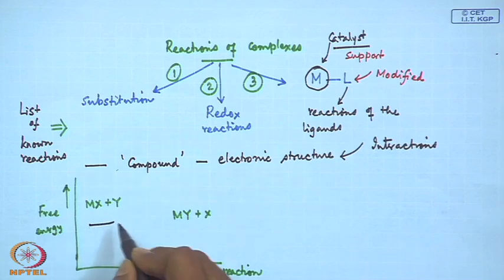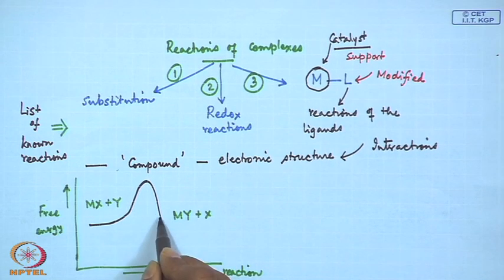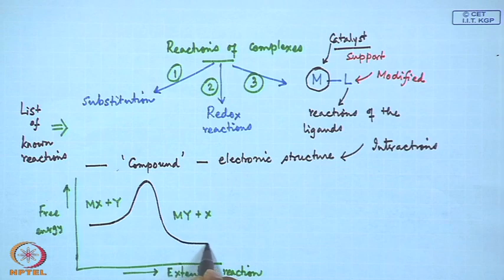So, we get this change only if we have a corresponding potential energy profile or potential energy surface for this reaction, which is like this.